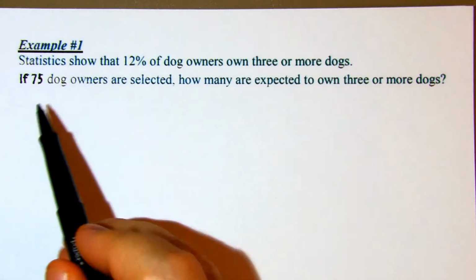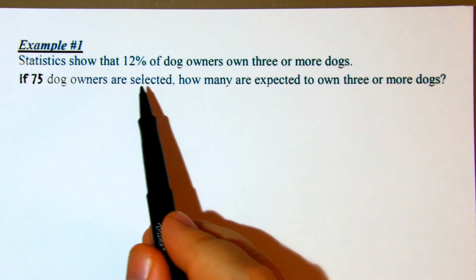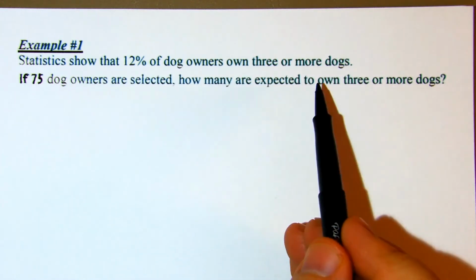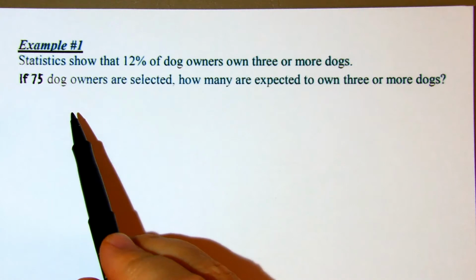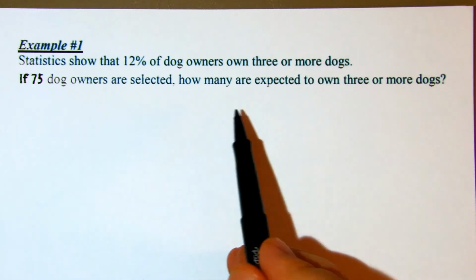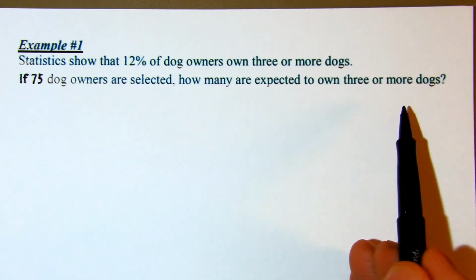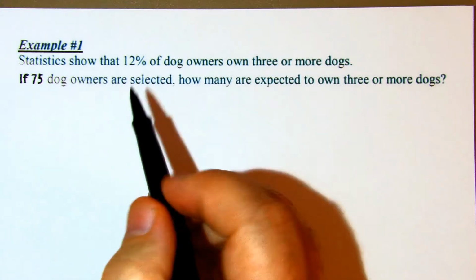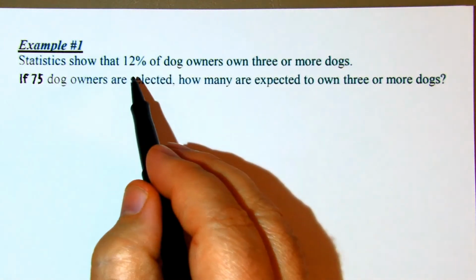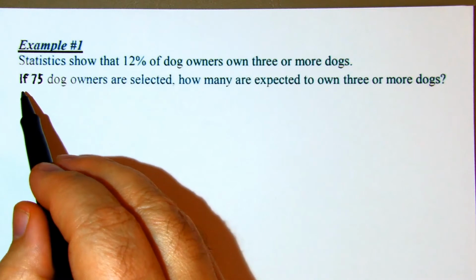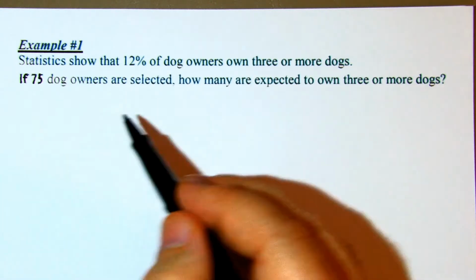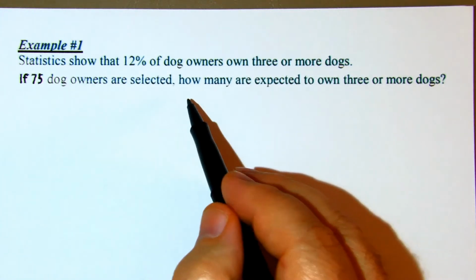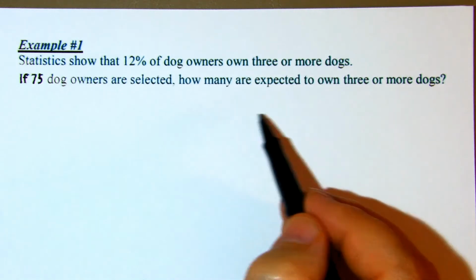Example 1. Statistics show that 12% of dog owners own 3 or more dogs. If 75 dog owners are selected, how many are expected to own 3 or more dogs? Well, this question gives us the percentage, the rate, and it's telling us that there's 75 dog owners that they're going to select, and they're going to see how many of them own 3 or more dogs.